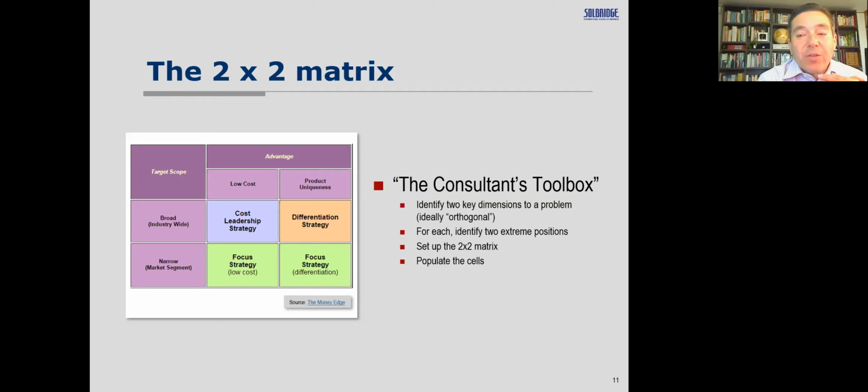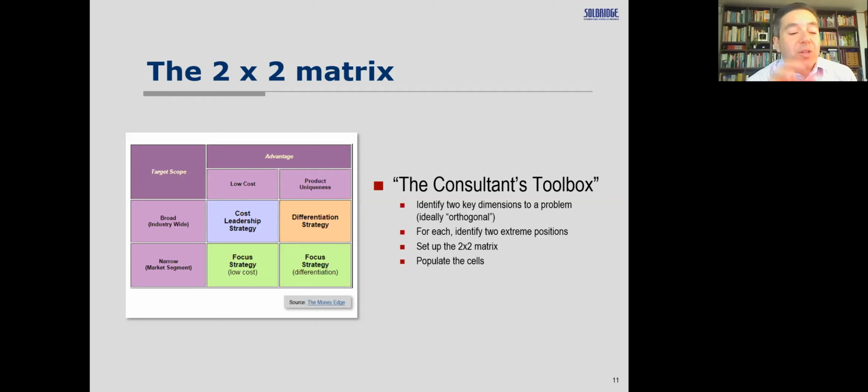So for each of these dimensions, you identify 2 extreme positions, such as broad or narrow, or low cost and product uniqueness. You set up the 2x2 matrix, so a total of obviously 4 positions or 4 cells in that 2x2 matrix, and you populate the cells.